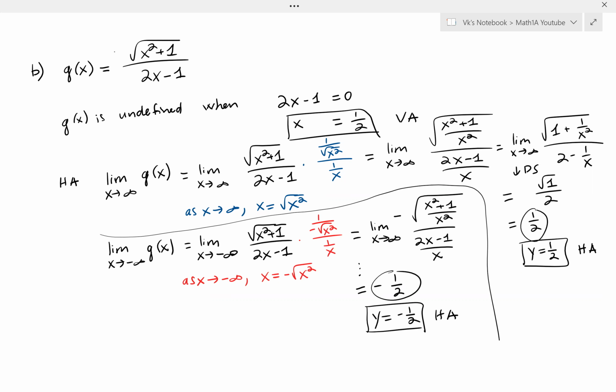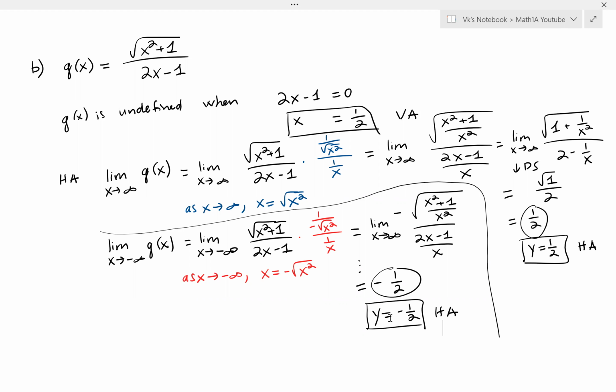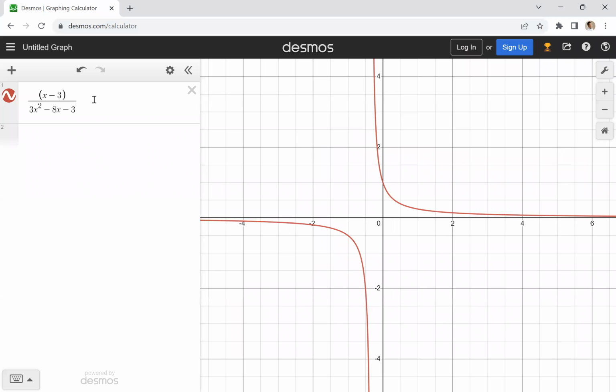Let's do a Desmos graph here to confirm the answer. New graph.